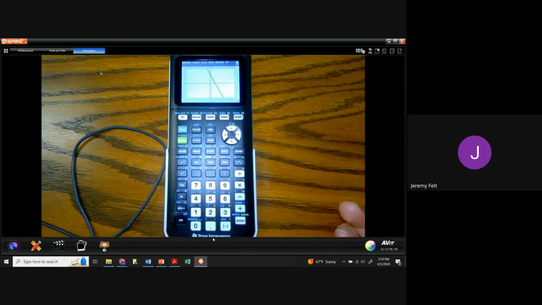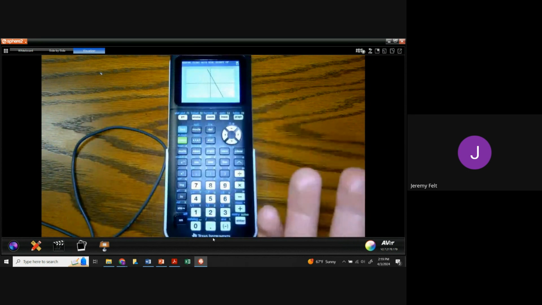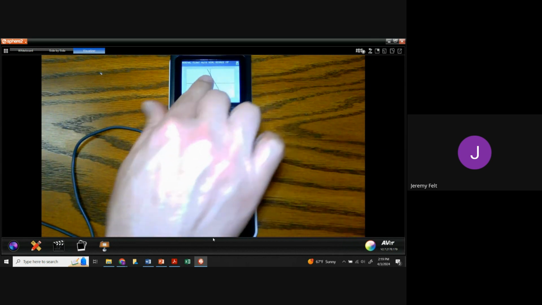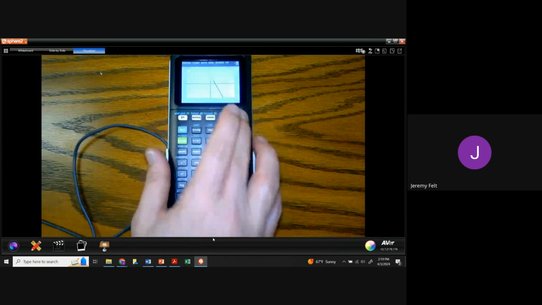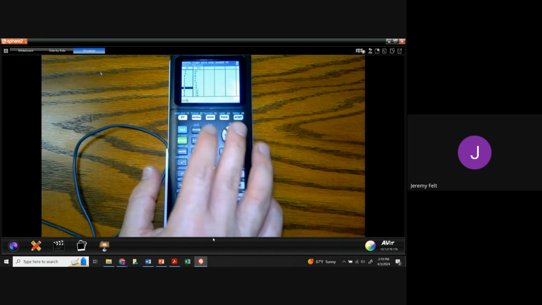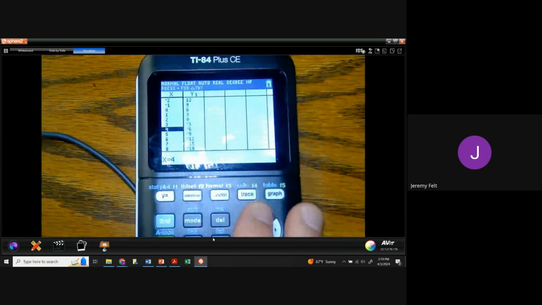We graph it. Okay, it's a negative slope, so from left to right, that's why it's going down. Our y-intercept is 1, 2, 3, 4, 5, 6 right there. We could zoom in and verify that. We could also go to our table. So if we were asked to find 3 points that fall on this line, or 4 points or whatever, I graph in the calculator in y equals mx plus b form. Then you have infinite points that you can pick.